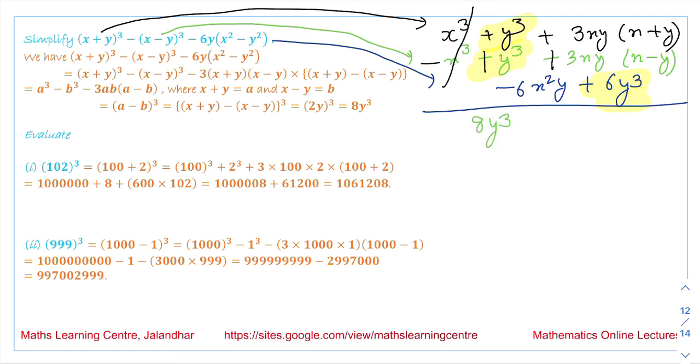Now from these terms, from this term you are getting 3x square y plus 3xy square.